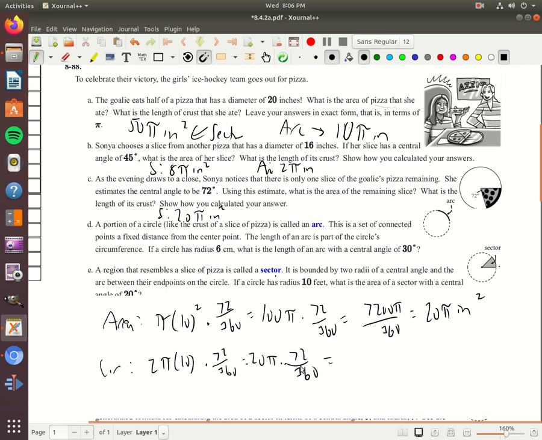Again, if we cross cancel there, we get 1/18, and it's going to be 4 pi. But anyway, 20 times 72 divided by 360 is indeed 4 pi. And again, we're just going to call that inches. So here we're going to say that our arc is 4 pi inches.